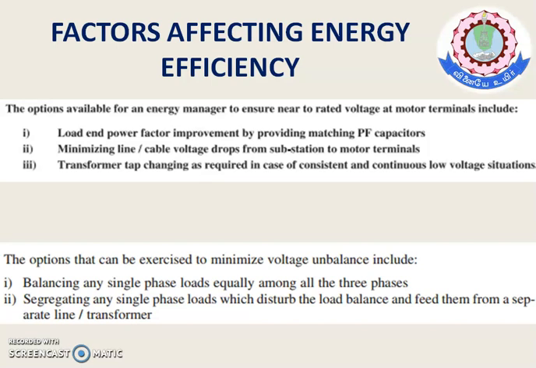Suppose you are operating all your house appliances on 1-phase supply itself. Definitely your voltage will be minimum. That you need to verify. And segregating any single phase loads which disturb the load balance and feeding them from a separate line or transformer. This is with respect to the industries, right?